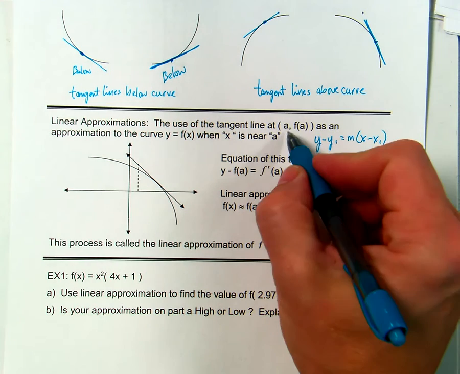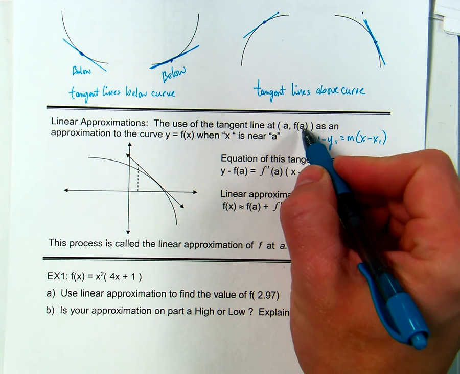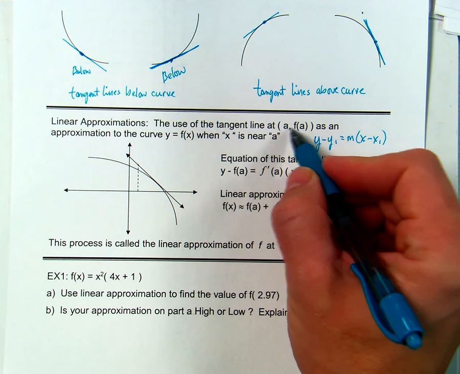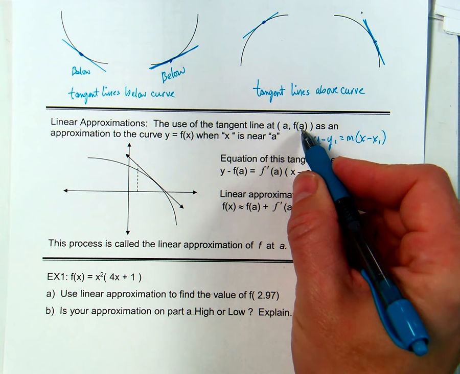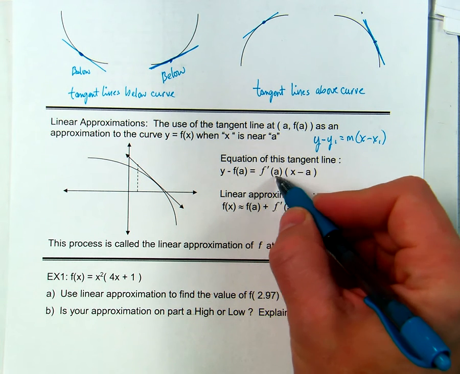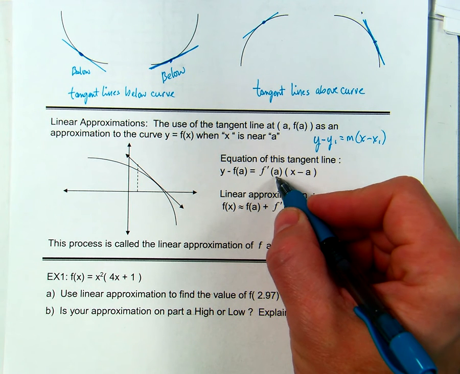And if you think about it, here's our point, isn't it? I mean, a is the value. When we plug a into the function, that's the y value. That's the output value, so our input and output values. And so now we're just taking y minus the output value. And the derivative, f prime of a, that is our slope. That is, the derivative at the point a is the slope of the tangent line.